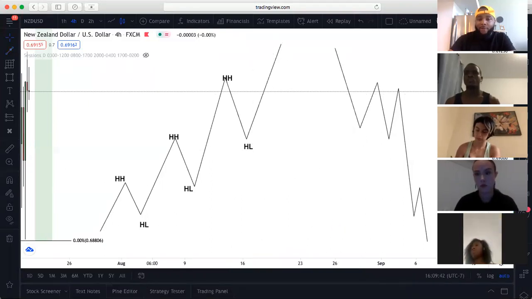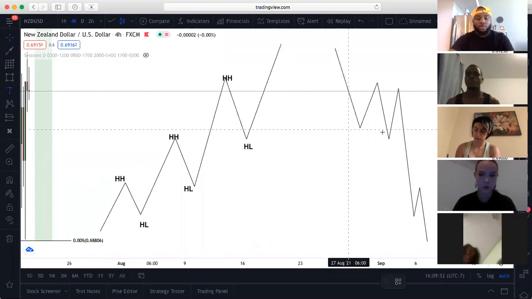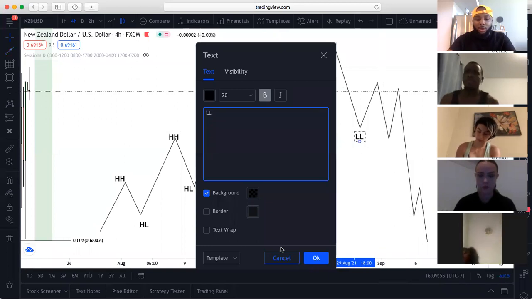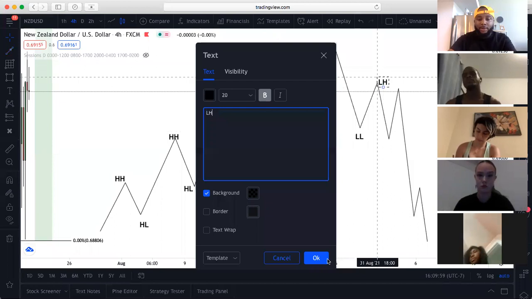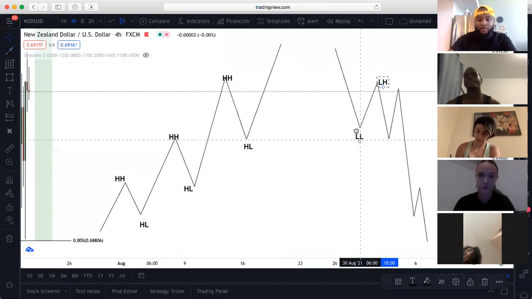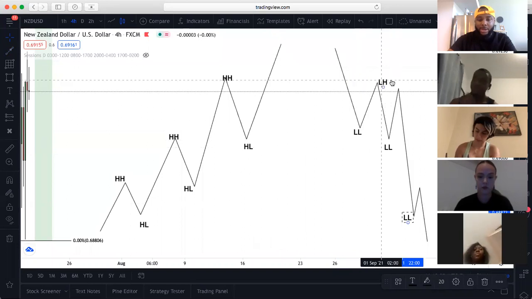Now, on the opposite side of things, over here, the same thing takes effect, but ultimately now what we are getting is lower lows and lower highs.